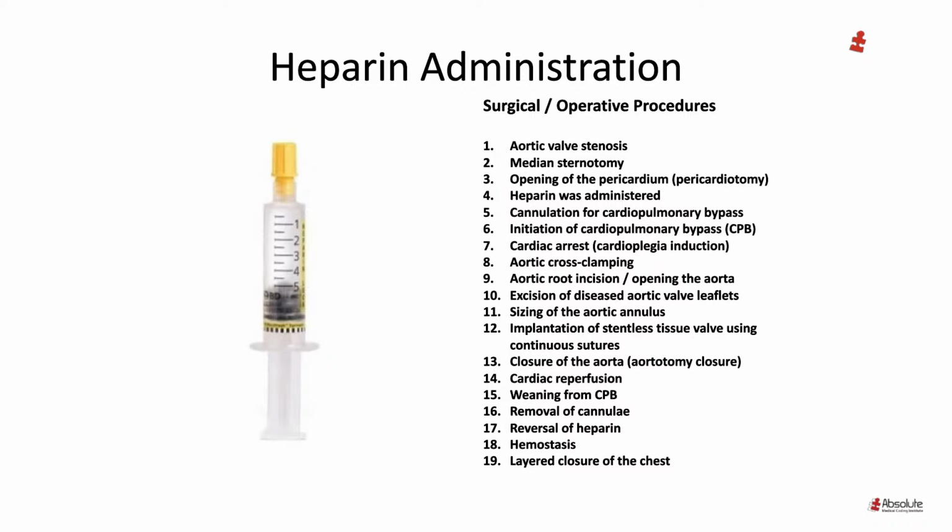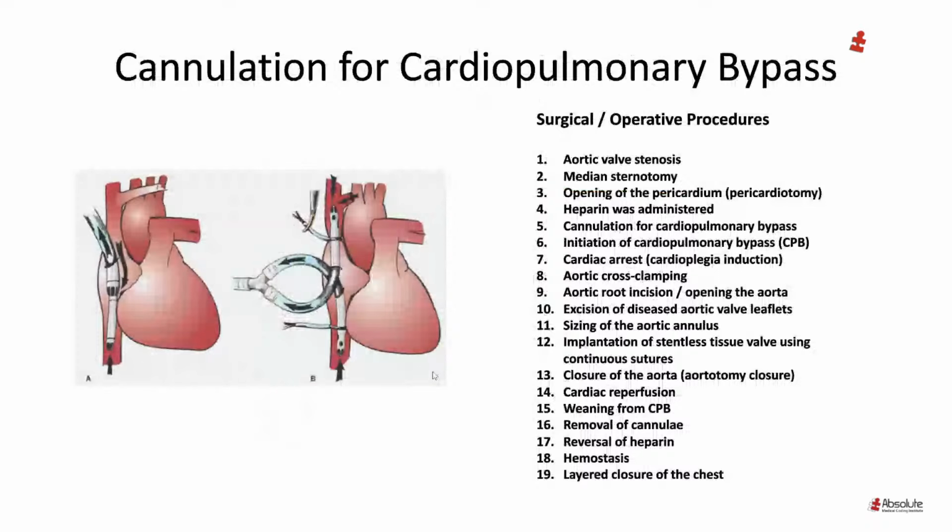Okay. Next, heparin was administered. Now, heparin is administered to prevent the blood from clotting while the patient is on cardio bypass, right? On that bypass machine, and we're going to get to it. But that was the medication that was used to prevent blood clotting, heparin.